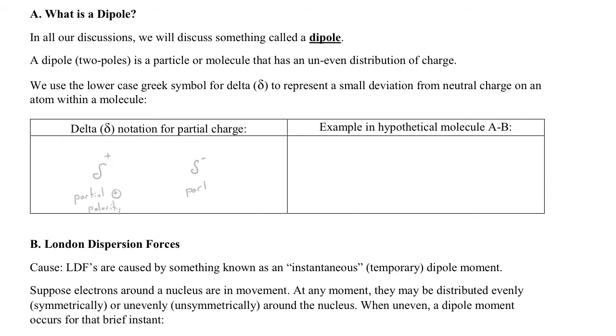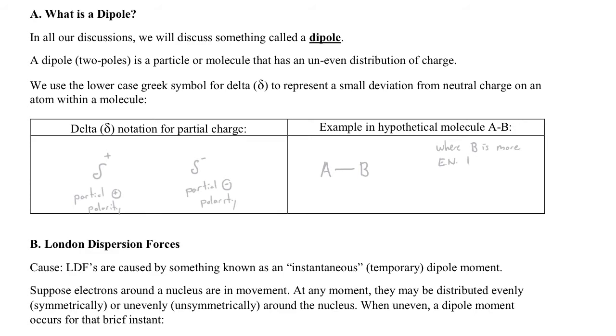A magnet is also a dipole. We can also have molecules that are dipoles, and in molecules, this is caused by the uneven distribution of charge. We use the lowercase Greek symbol delta to represent this distribution difference in charge. We say delta plus is partially positive polarity, and delta minus is partially negative polarity.